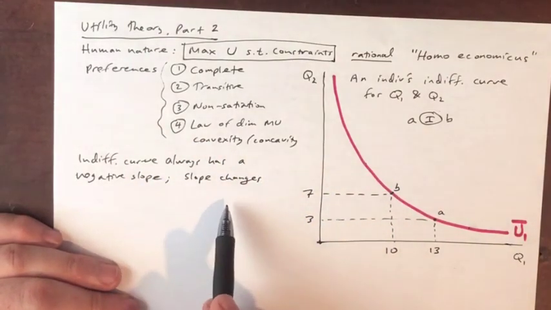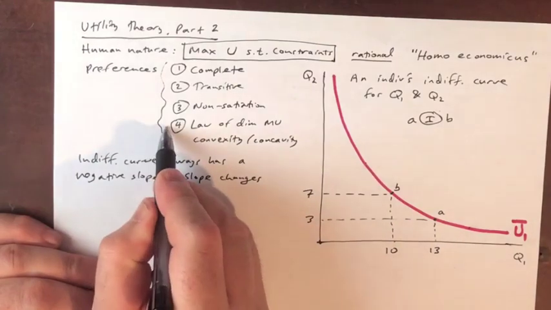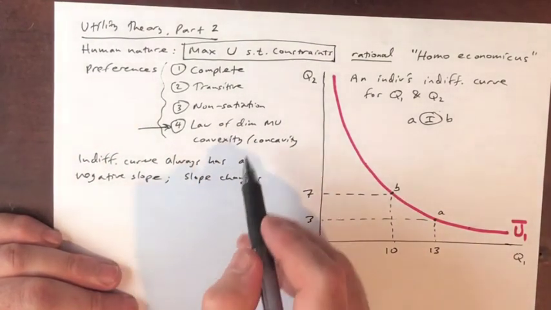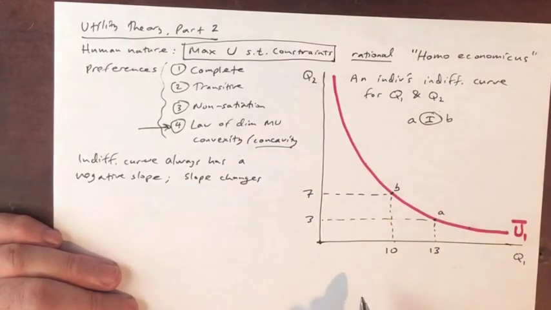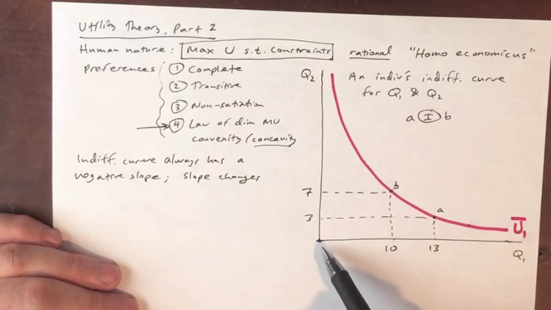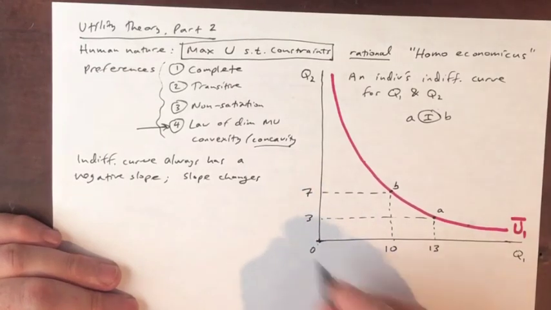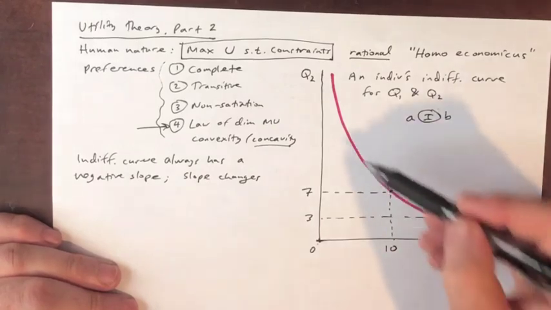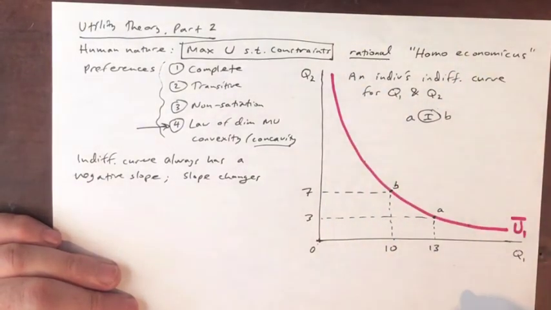And the reason that it changes is because of our last assumption here, the law of diminishing marginal utility, the concavity assumption, okay? So this curve is concave with respect to the origin, meaning it's curved, not a straight line.